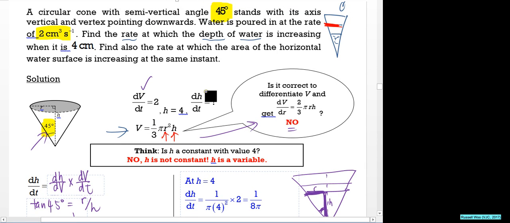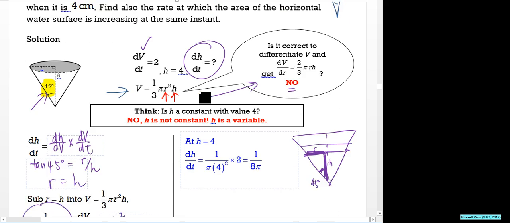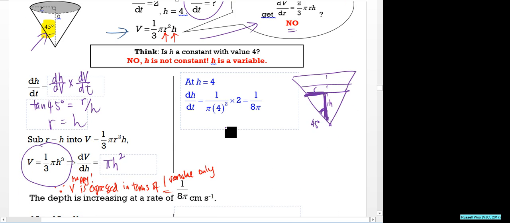You want to find the rate dH/dt, so you can substitute. dH/dV is actually 1 over this, 1 over pi times 4 squared, times 2, where 2 is your dV/dt. Then you get 1 over 8 pi. Follow? Okay? There you go, answer.